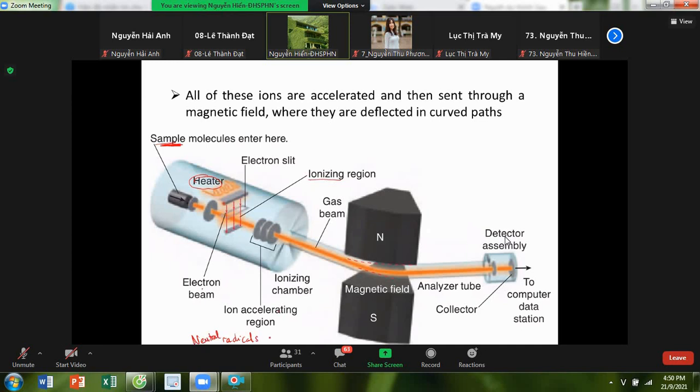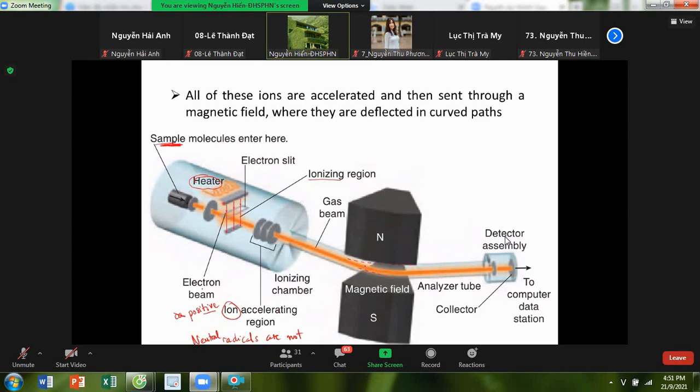Radicals are not accelerated. So actually, we should say positive ions are accelerated, and then they go through a strong magnetic field.